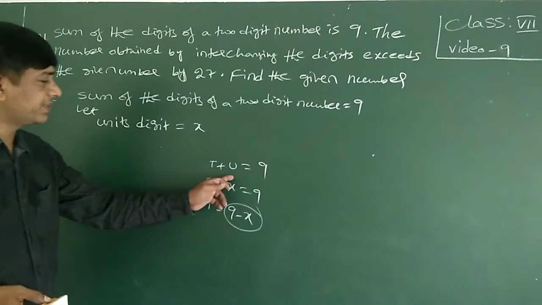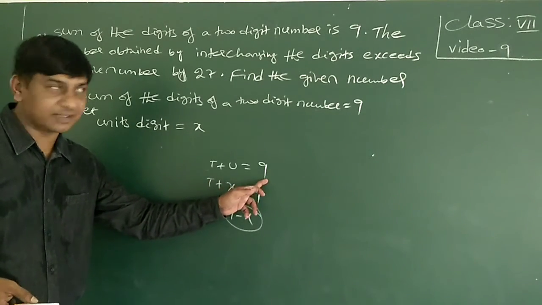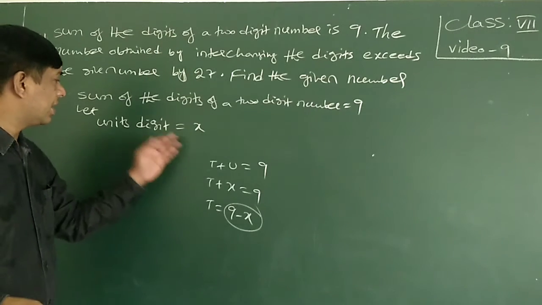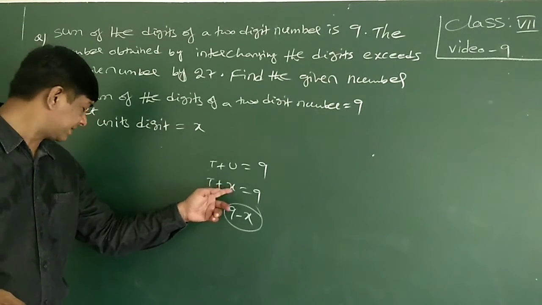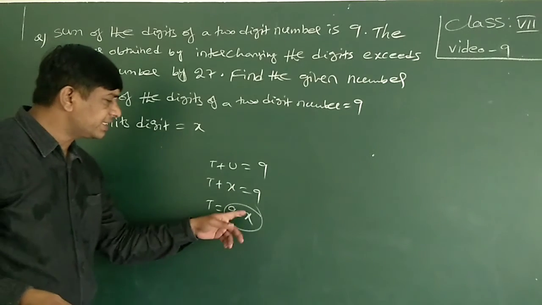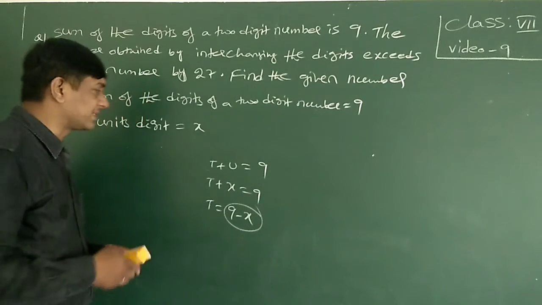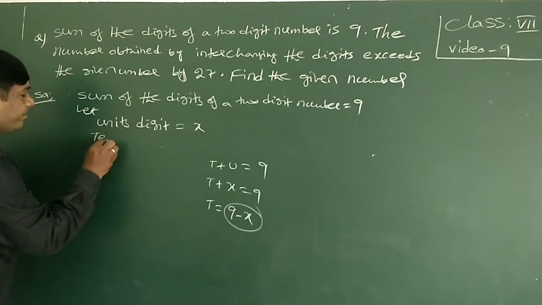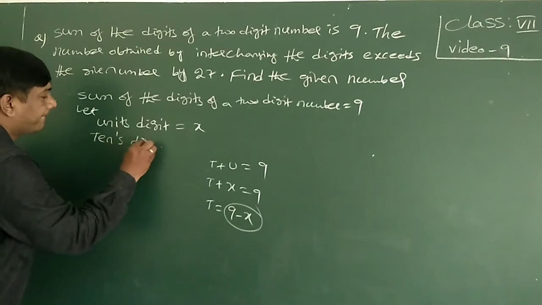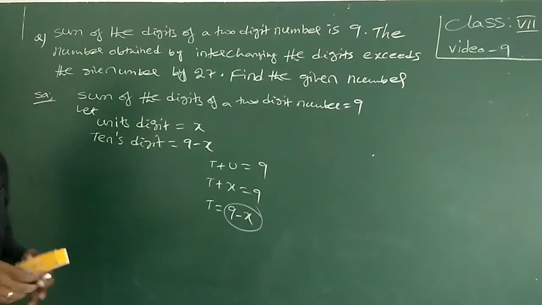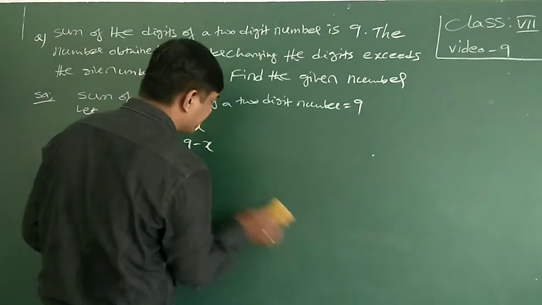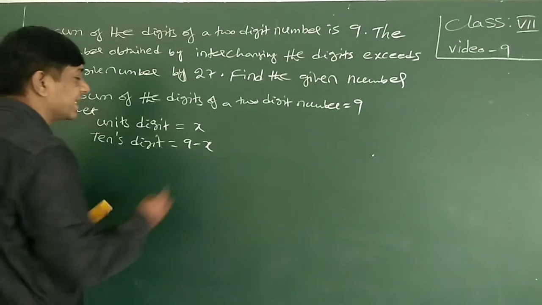Understood? 9 minus x. I used only a single variable now.